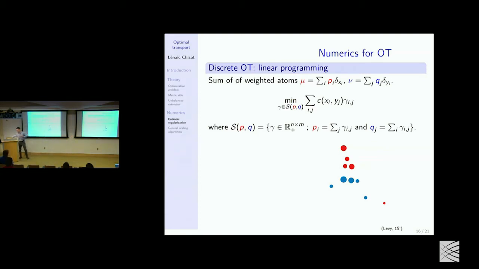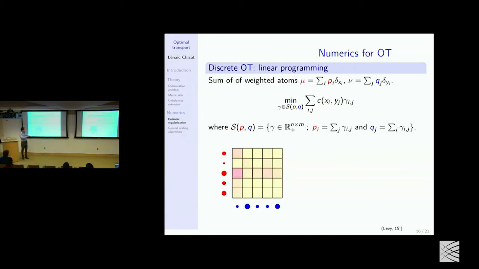I will write a matrix of costs. So here is an example. We don't really see the colors, but I used the yellow color to describe a small cost and a red color to describe a high cost. Then we have these two marginals, which are given by a set of weights that are represented at the end of the rows and the columns of my cost matrix. What I want to do is to fill the entries of this matrix with mass.